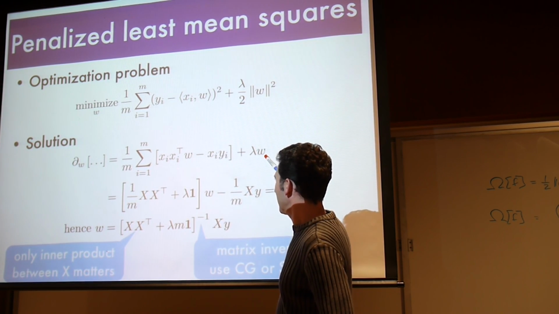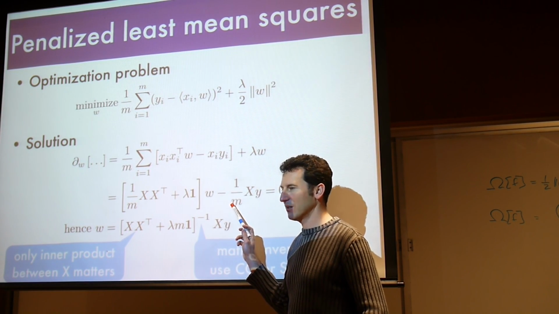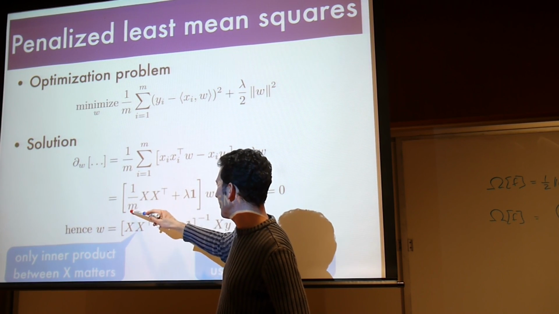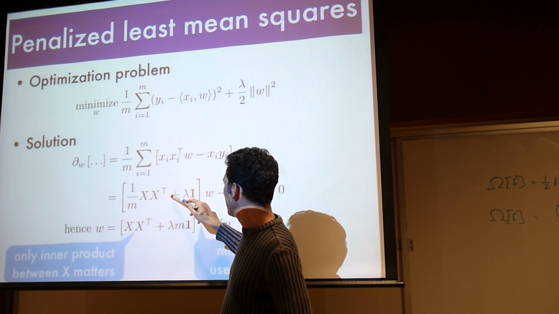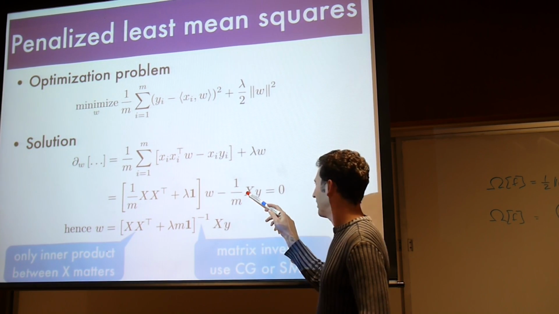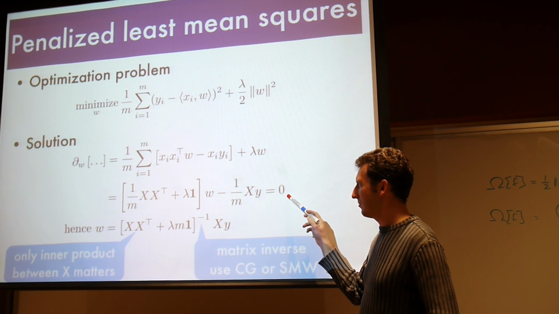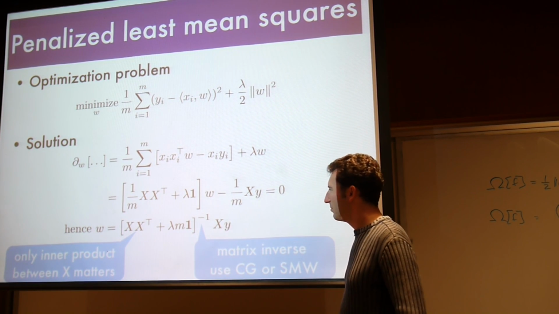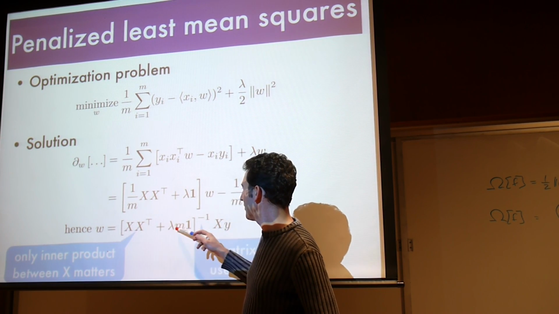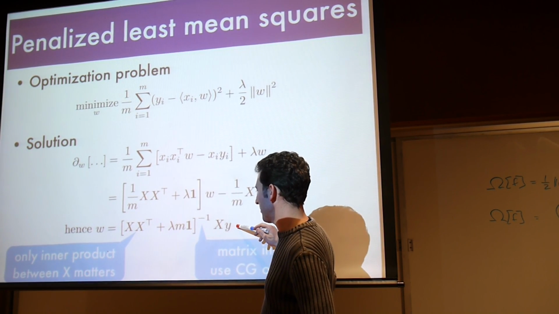Now, that looks intimidating, and I can make it a lot simpler if I write it in matrix notation. This is simply (1/m X X transpose plus lambda times the identity) times w minus 1/m X times y equals 0. And so I get w equals (X X transpose plus lambda m times identity) inverse times X times y.